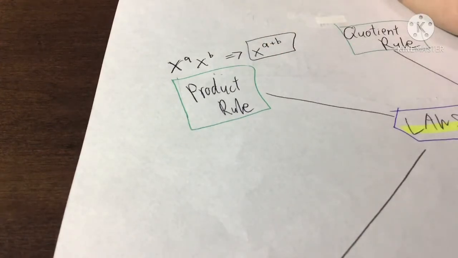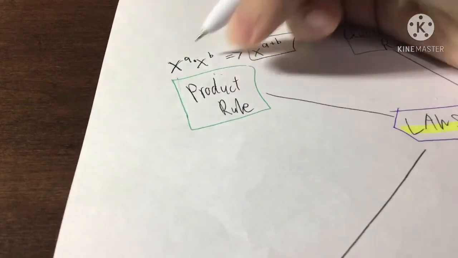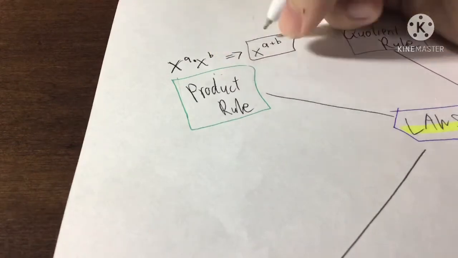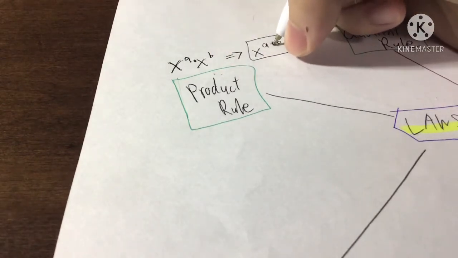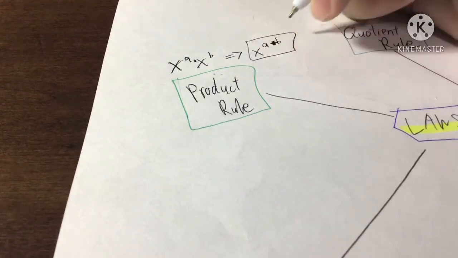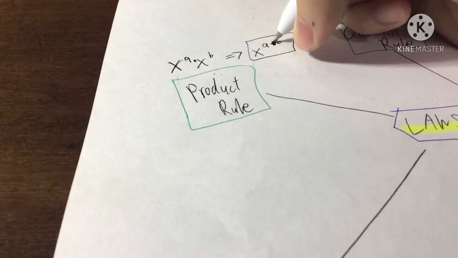We'll just have to remember that the product rule is multiplication, and in this case, if they are multiplied, the exponent's operation would be addition, a plus sign.